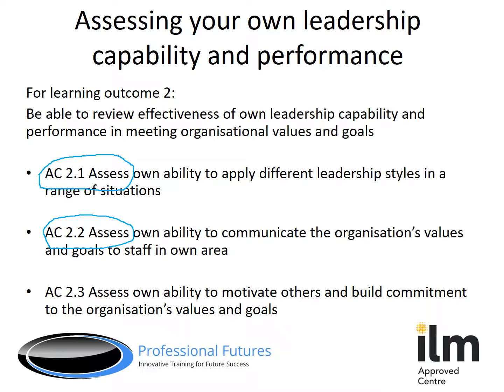So you're looking at how effective you are, whether you're very good or whether there are areas for development and improvement. Okay, so you're forming a judgment on your own ability.